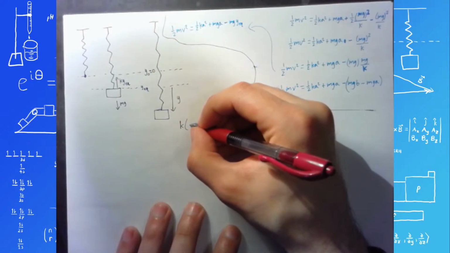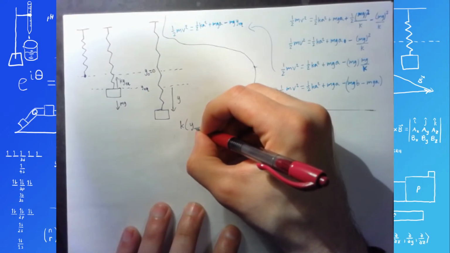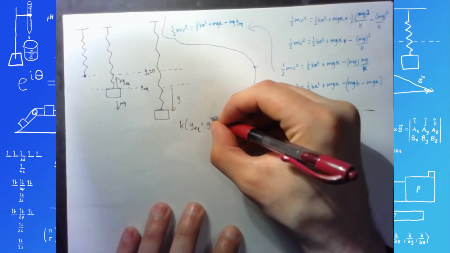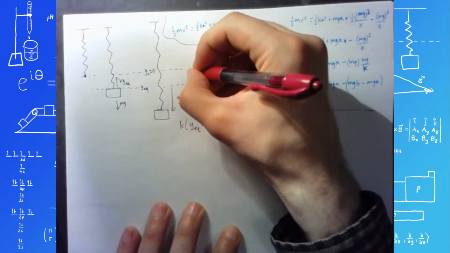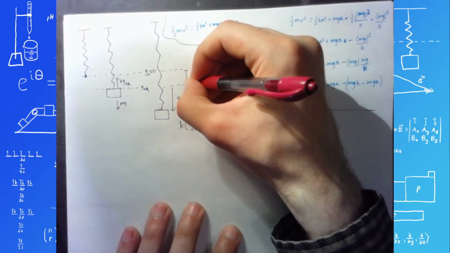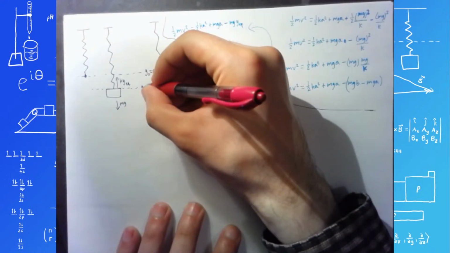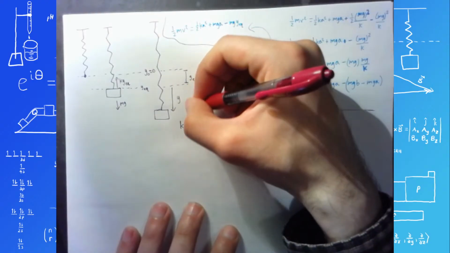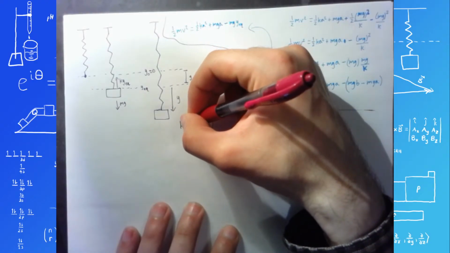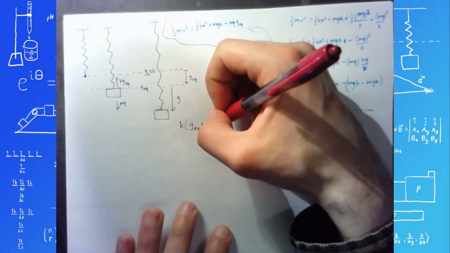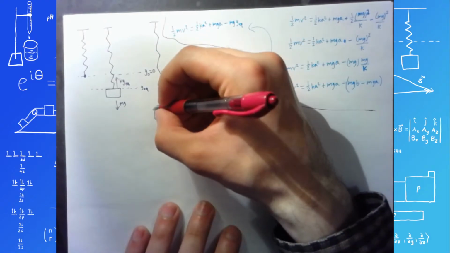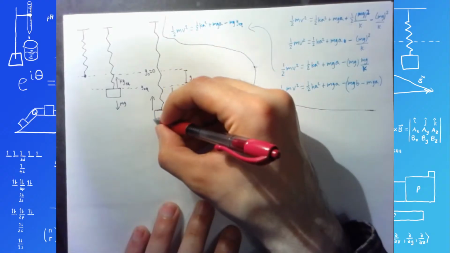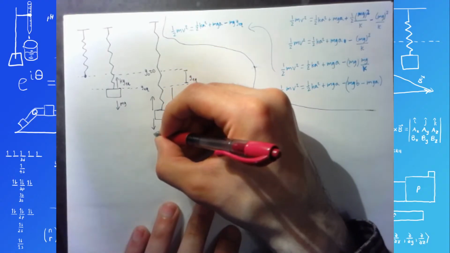So it would be k times y equilibrium plus this extra y, right? This distance over here is YEQ. So we would have k times YEQ plus y is the spring force upward, minus the gravitational force downward is still mg.